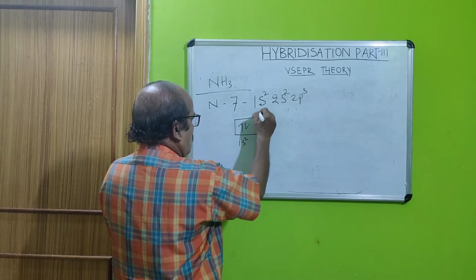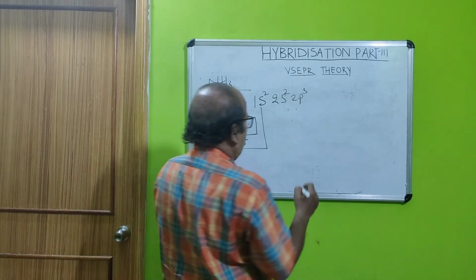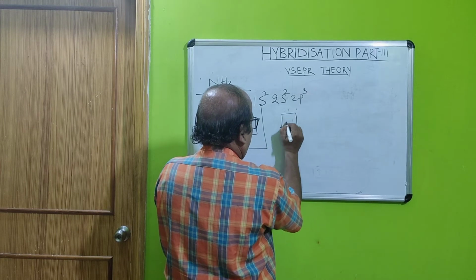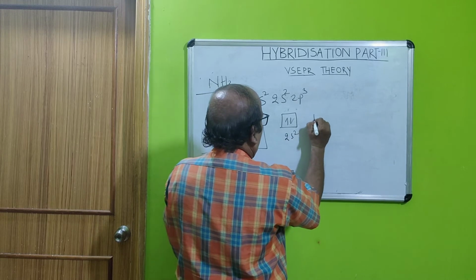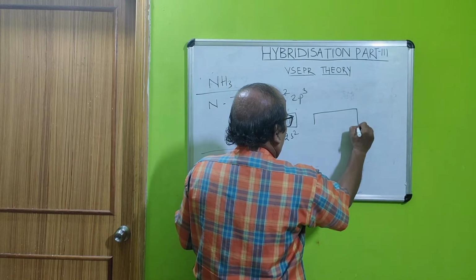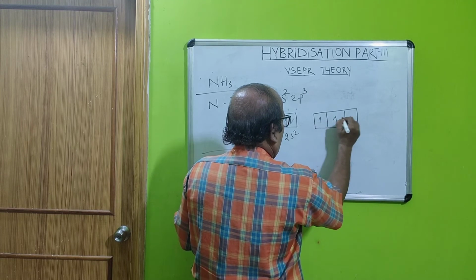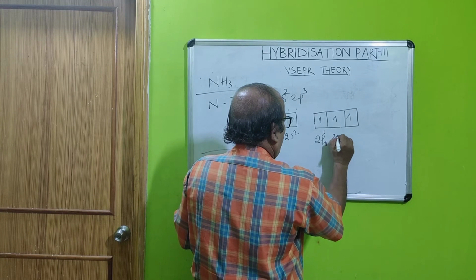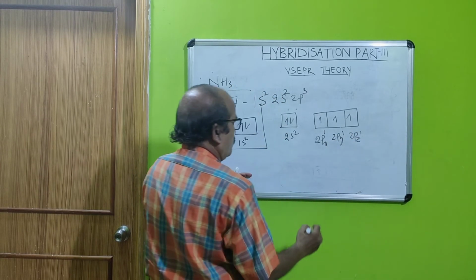1s2, let us forget. Our point is on the valence shell: 2s2, 2px1, 2py1, 2pz1.